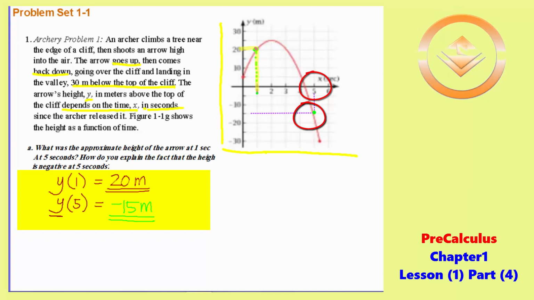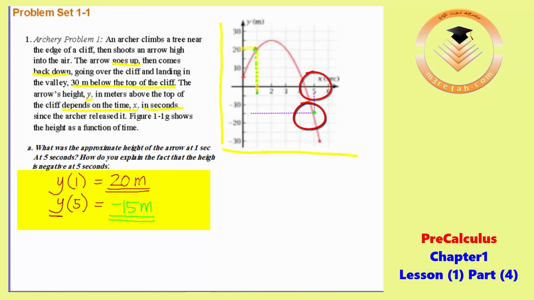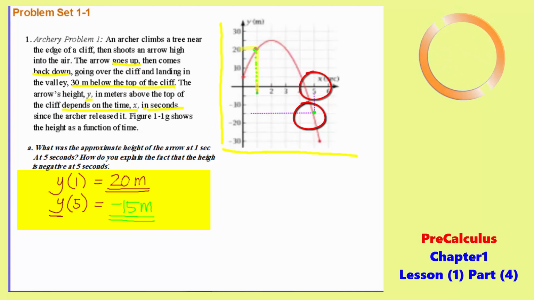There is a cliff, and the arrow goes over the cliff and then goes down. So of course, before a certain time, let's say here it's 6 seconds, the arrow will go through the cliff.